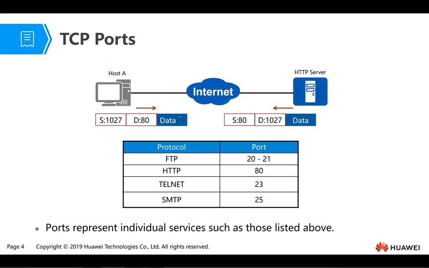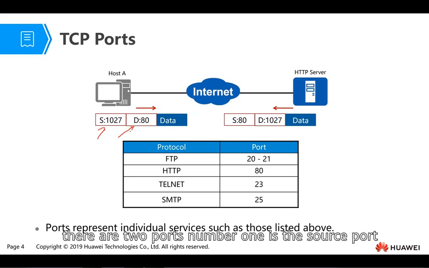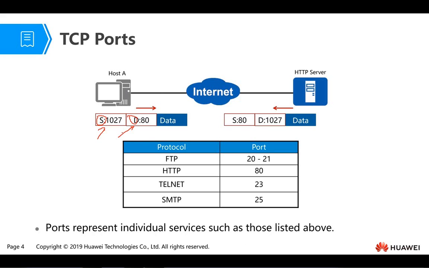There are two important elements: the port numbers. One is the source port, and the other is the destination port. As we know, TCP and UDP are transport layer protocols. Above them, there are application protocols.